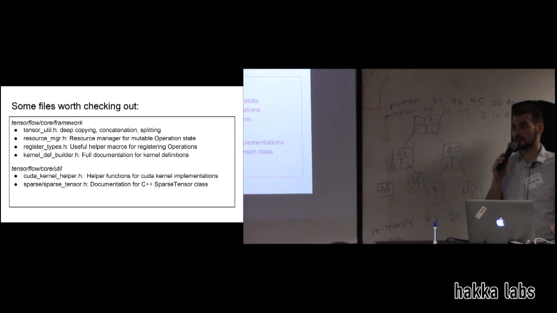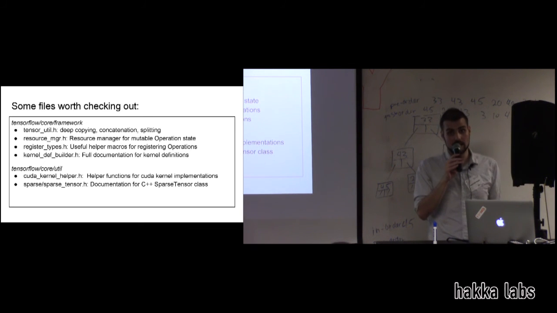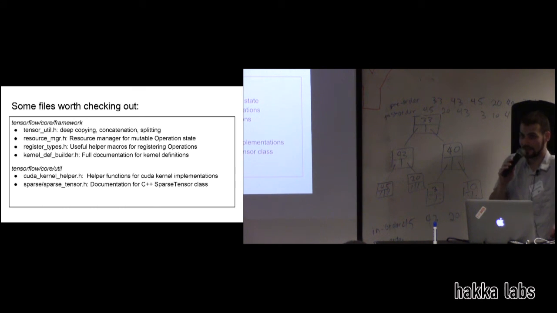It goes over the high-level view of what you need to do, but it doesn't talk about the actual C++ API that you need to call in order to make the tensor do the thing you want it to do, right? So there are a lot of really useful macros and classes available in the library that are used in the code, but aren't made explicitly clear to contributors.